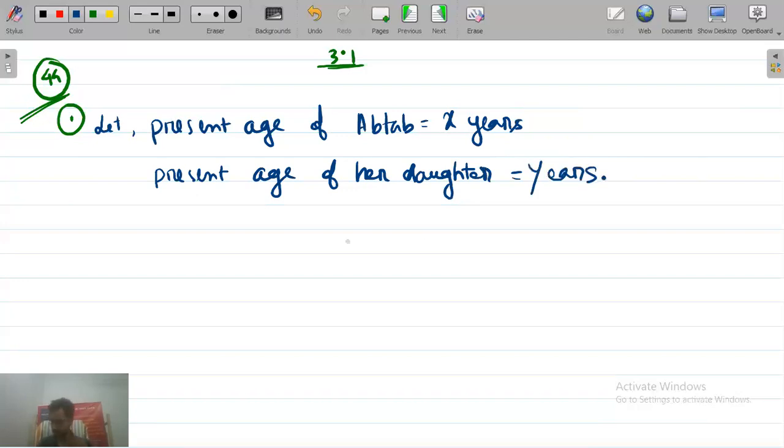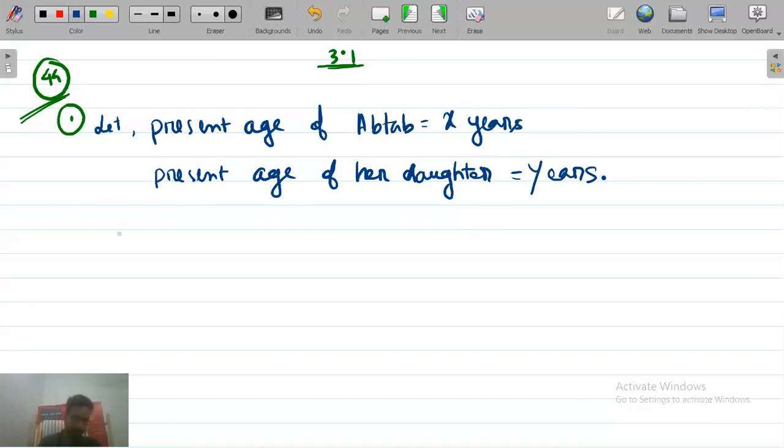So what will be the age of Aftab 7 years ago? Just now I told you that the present age of Dibjyoti is 15 years, so his age 10 years ago is 15 minus 10, that means 5. In the same way, the present age of Aftab is x years, so 7 years ago his age was x minus 7, yes or no?